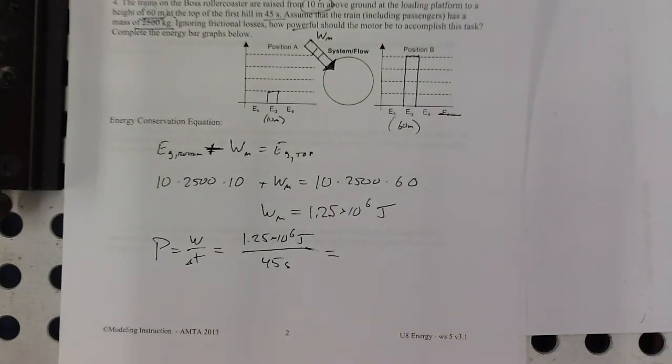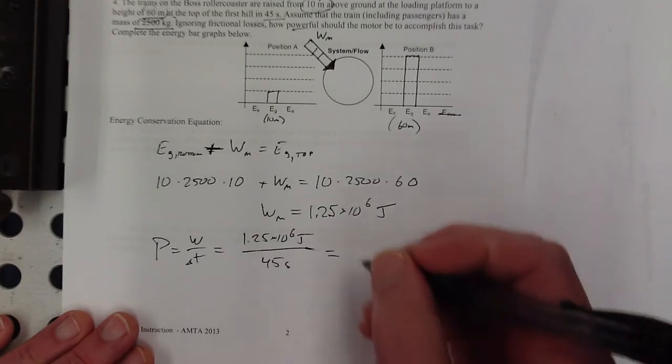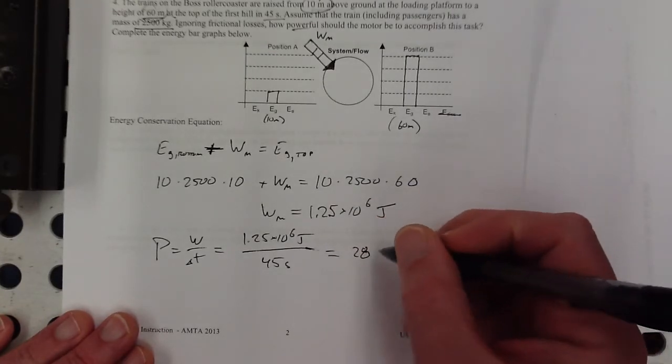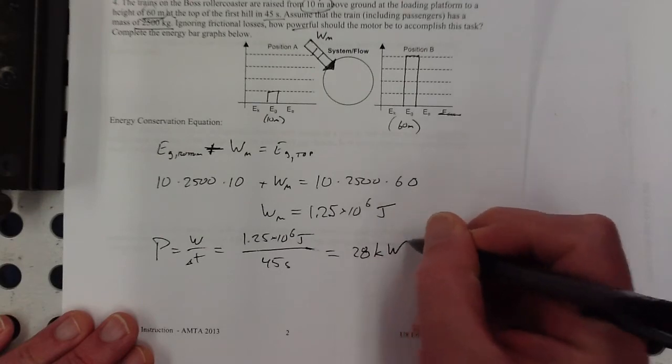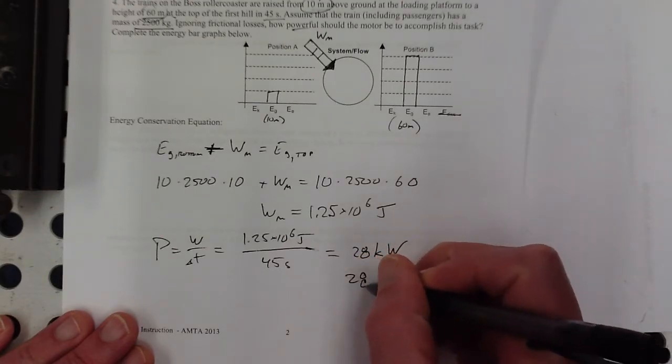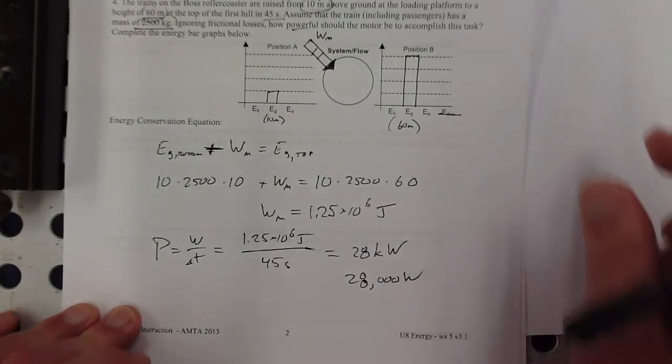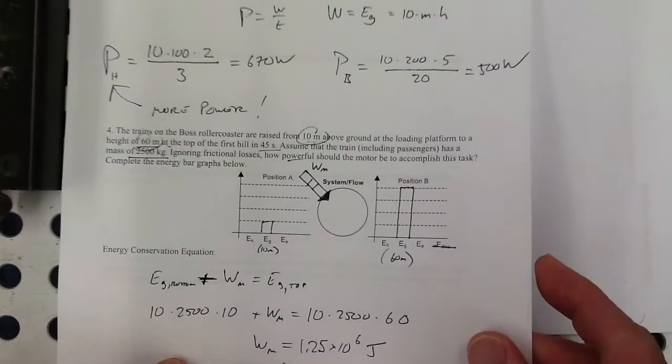So that divided by 45 is about, I'm going to round that up to 28,000 watts. You could call that 28 kilowatts, if you want.